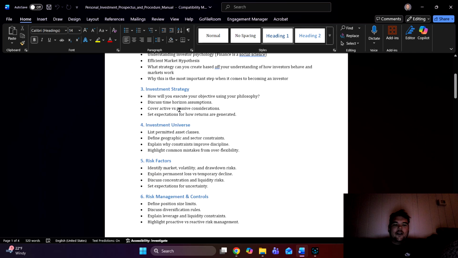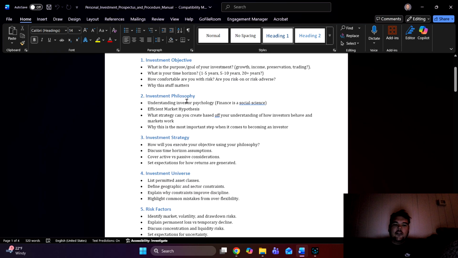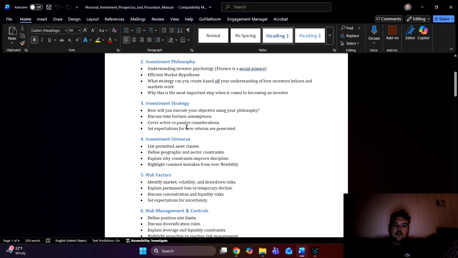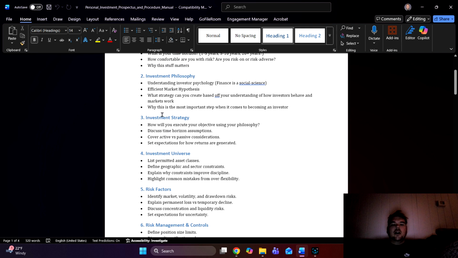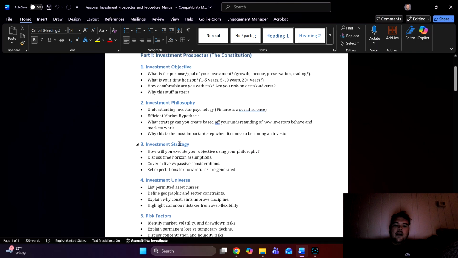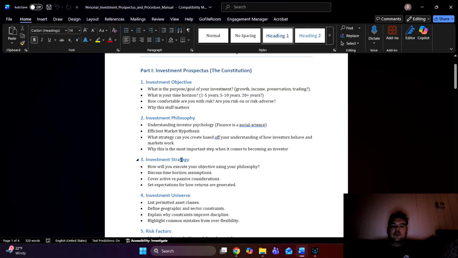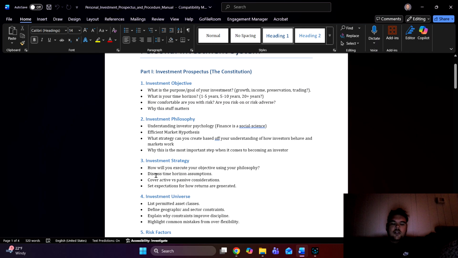And then your investment strategy. So applying your investment philosophy and objective, creating a strategy, and being able to be adaptive and change your strategy over time is also important. You might have a strategy now that works, and then eventually it stops working, so you have to be able to change your strategy to work with the current environment.